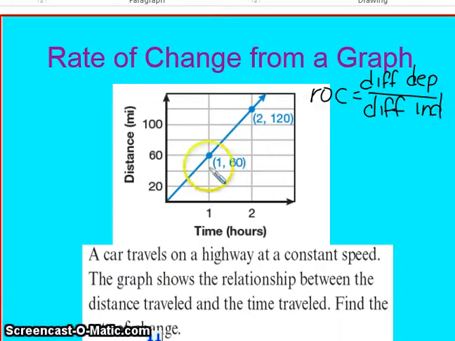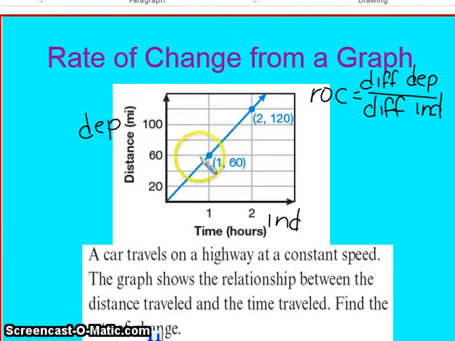So in this graph, we have time in hours and distance in miles. Now, because how far we travel depends upon how long we are traveling, our independent variable down here is time, and our dependent variable is distance.